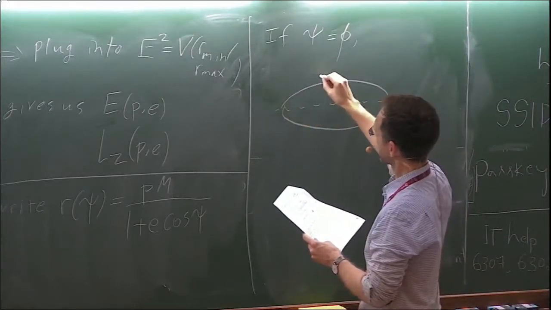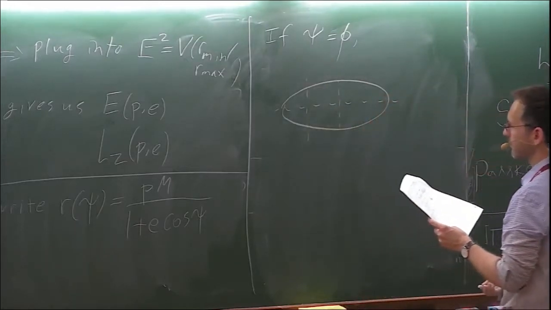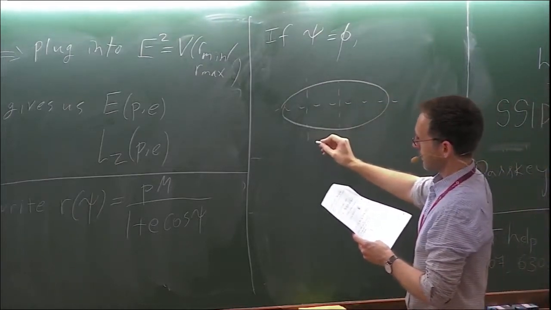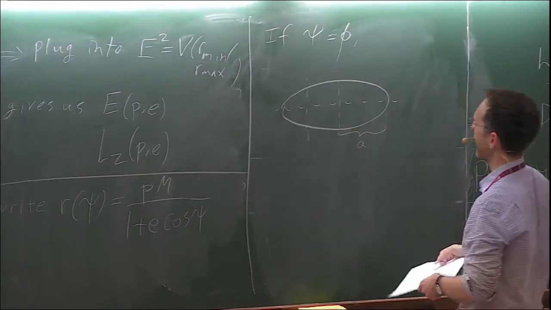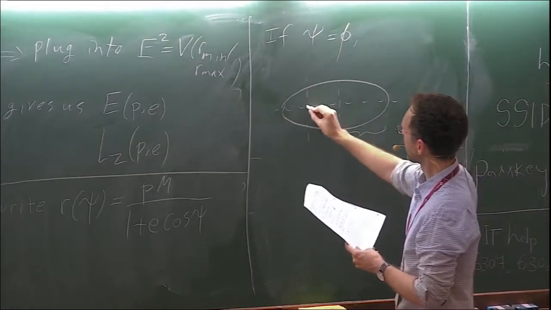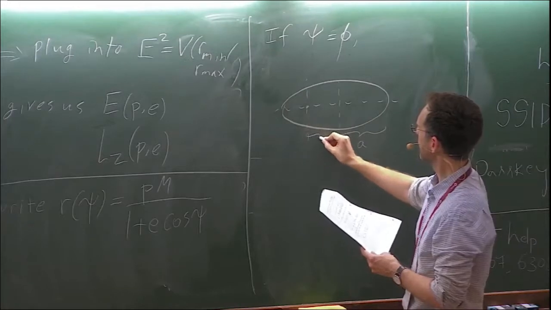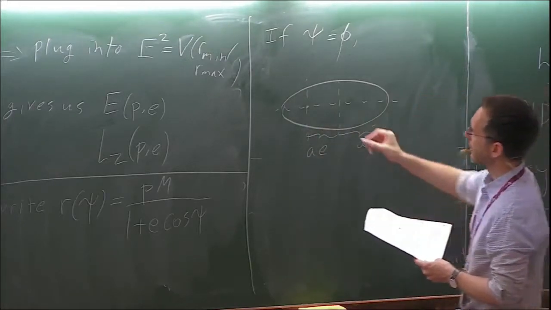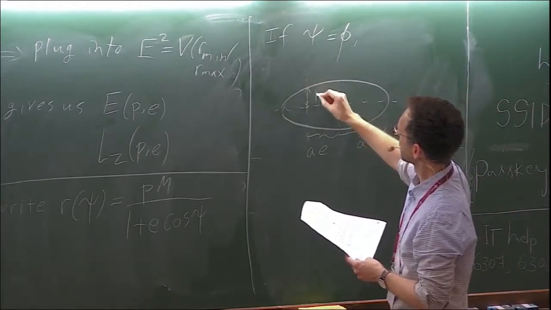And then p and e would have a geometrical interpretation. So if this is a, the semi-major axis, then this distance here between the center and this focus is a times e. And this distance here is p.